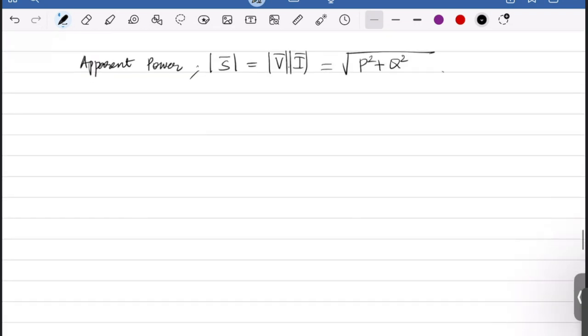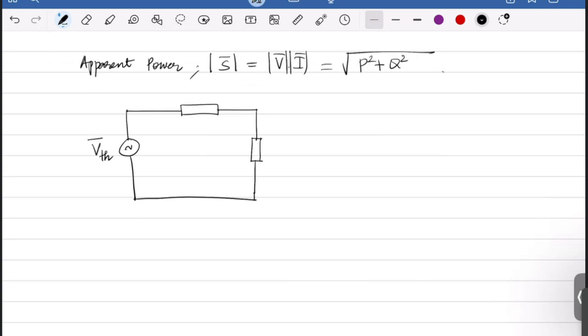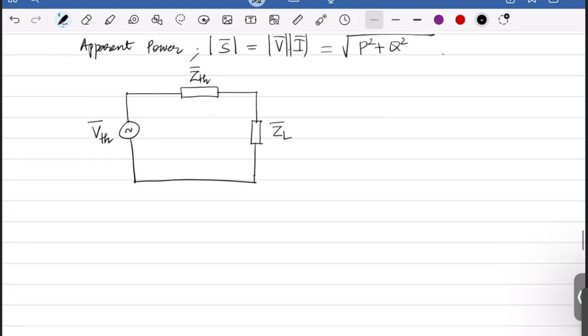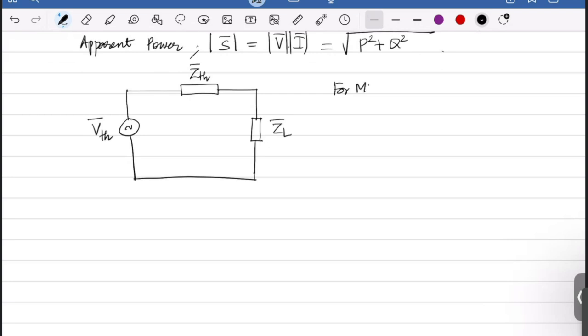Now, as explained before, if you have a circuit whose Thevenin equivalent voltage is V Thevenin and load impedance is ZL and the Thevenin impedance is ZTH, for maximum power transfer, your load impedance should be equal to the conjugate of your Thevenin impedance.